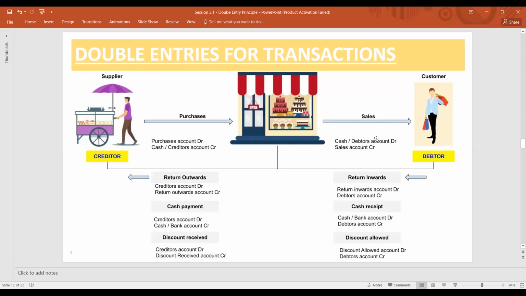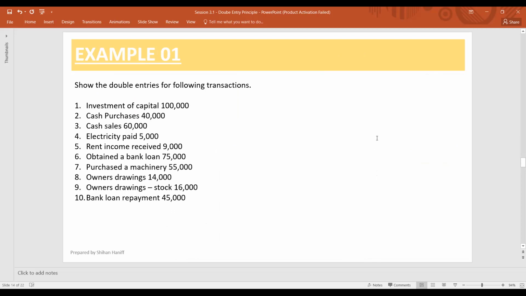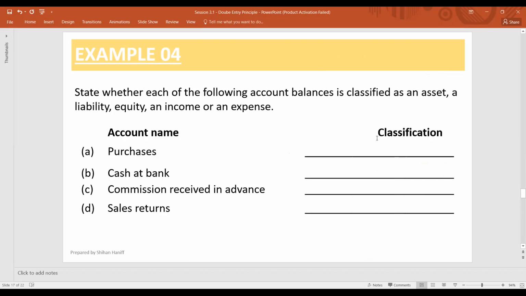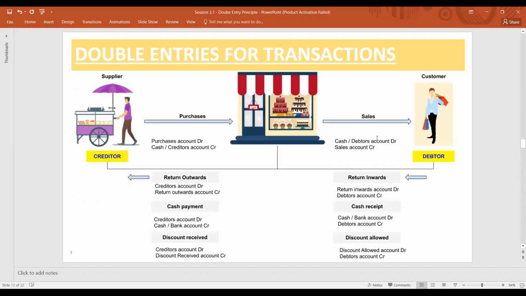Right? So to remember easily, you can use a method. Purchases debit, sales credit. Return inwards debit, return outwards credit. Right?